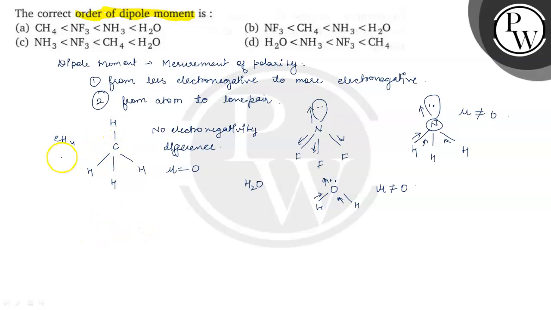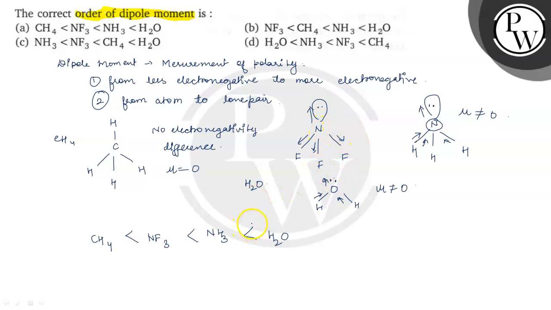So in CH4 we can see that the dipole moment is 0. So that means CH4 में क्या हो जाएगा, सबसे कम हो जाएगा. Then NF3, then NH3, then H2O, because in H2O oxygen is more electronegative than nitrogen.